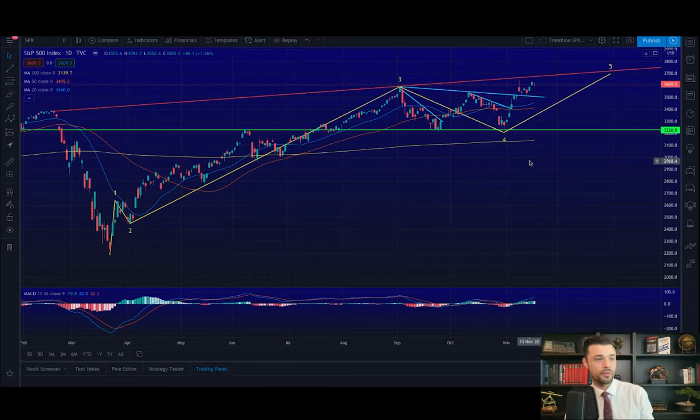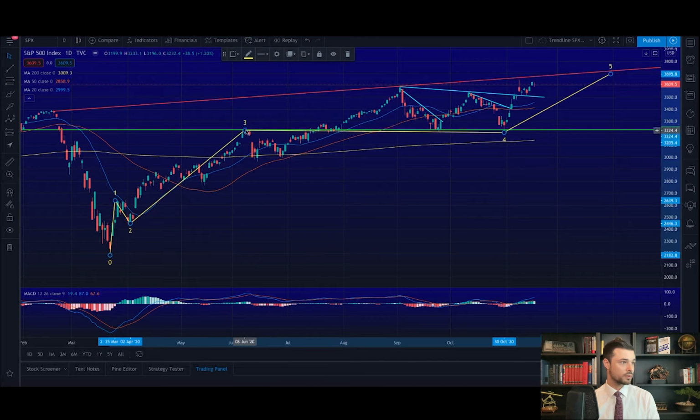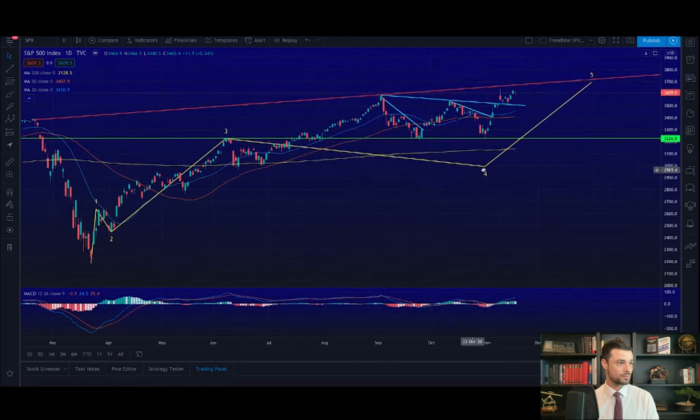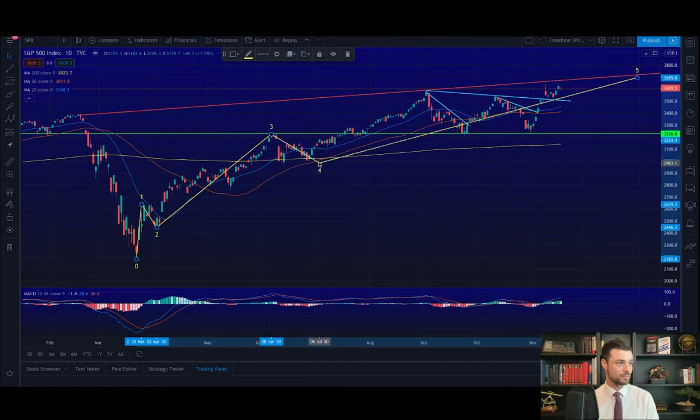So why do I think things are like this? Just because, as you can see, this could have been like this. Sorry. If I do my 5 waves like this, all right, this could be possible, but then we should have a kind of deeper correction than this.